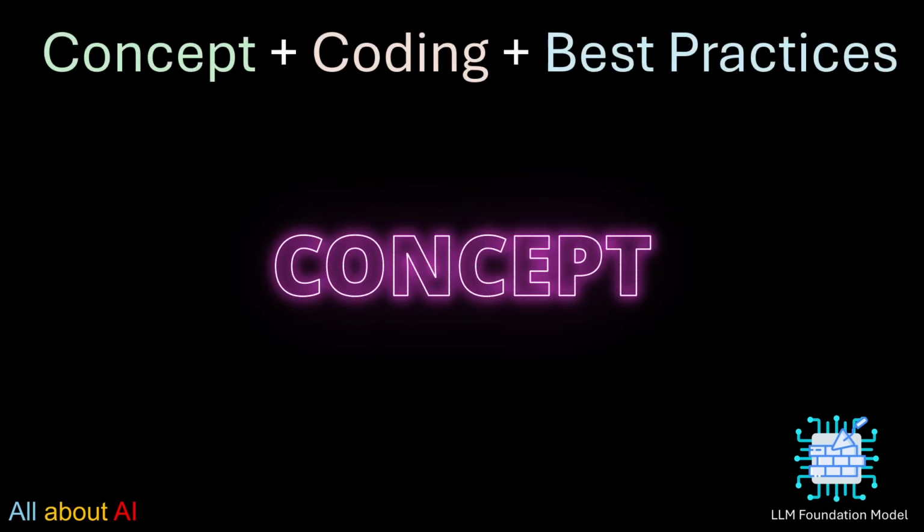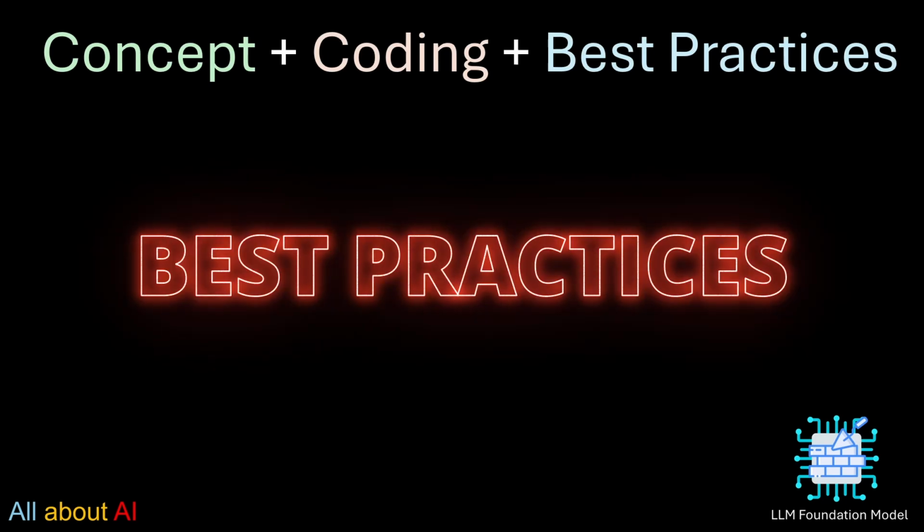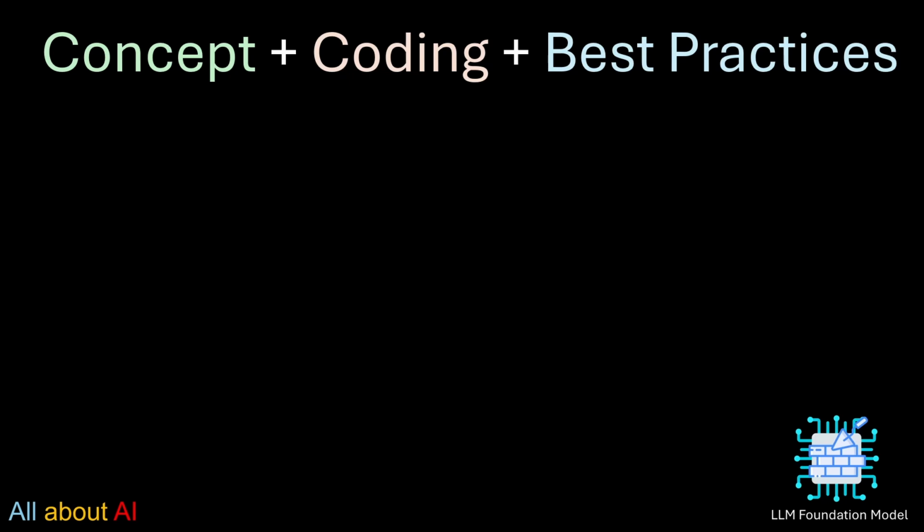Now, this course will be a blend of concepts, theory, and best practices. We will be using Python for coding. We'll be using well-known libraries like PyTorch, Hugging Face, etc. I'll cover best practices and different approaches adopted by leading model creators.